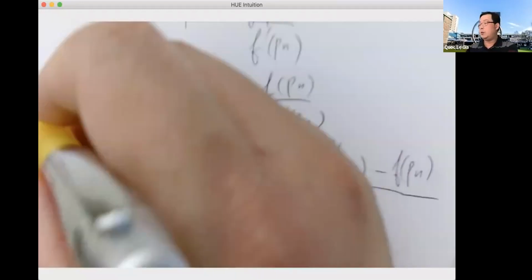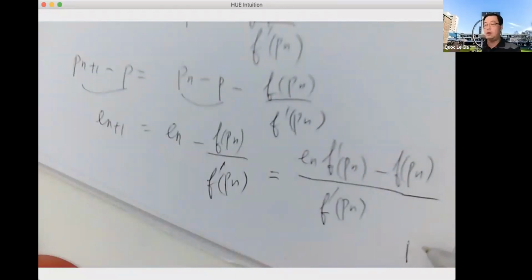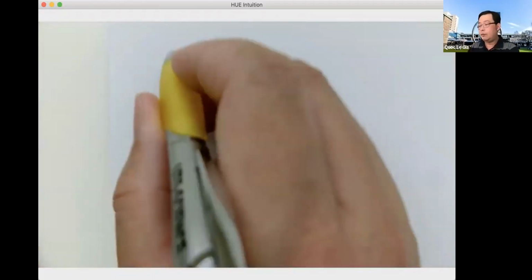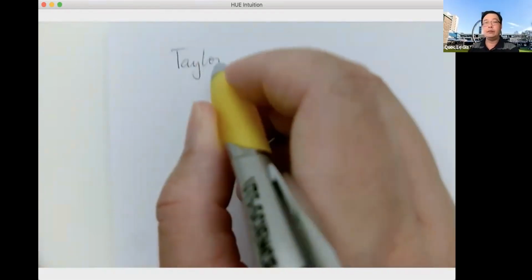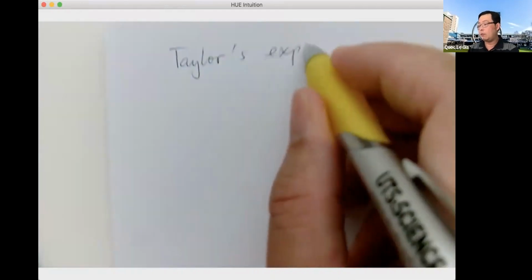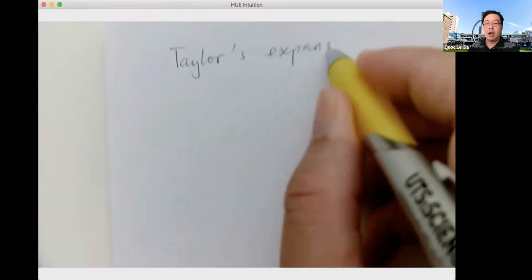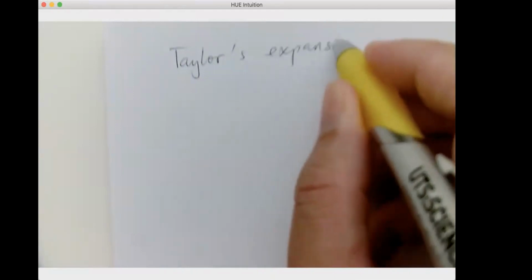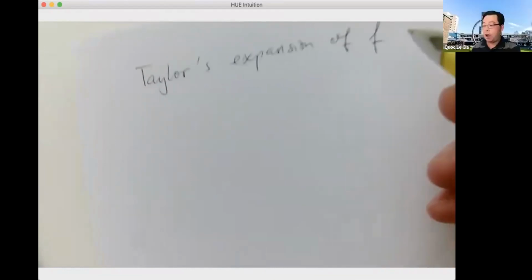So now we go back to the Taylor expansion of the function f around Pn.